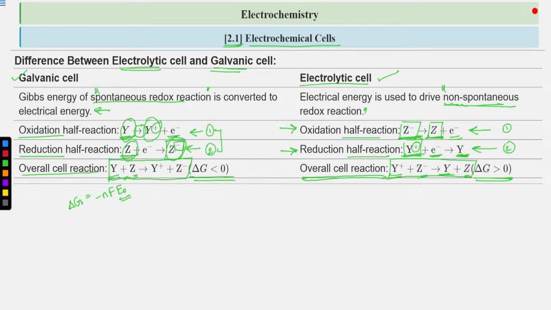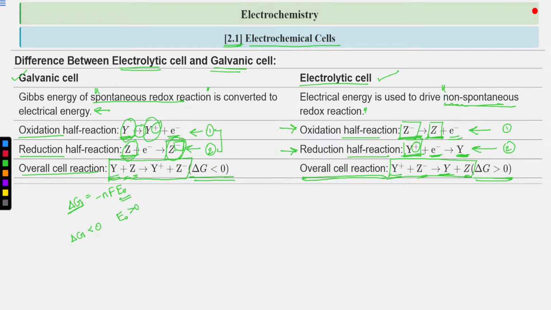So if you talk about the galvanic cell whose del G is less than 0, less than 0 means negative. So this value will be negative when the E naught value is positive. Because if E naught is positive, the whole value has already one negative in front of it, so the whole value will be negative. So E naught will be positive in this case.